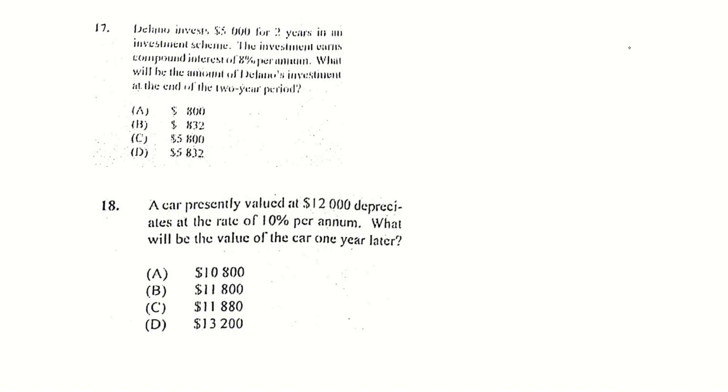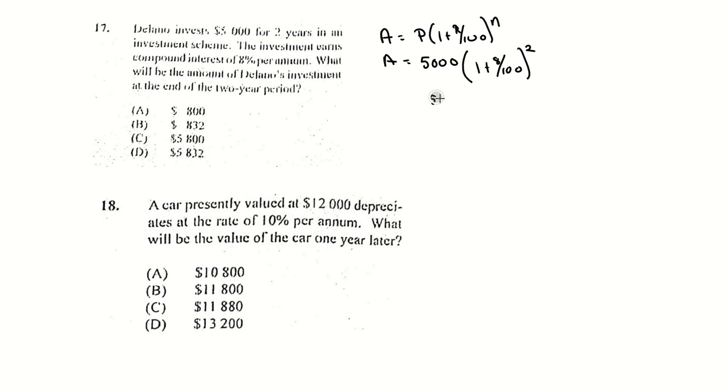You can say your amount is equal to your principal by 1 plus your rate over 100, to the power of n. So your amount is going to be the principal, which is 5,000, by 1 plus 8 over 100, to the power of how many years? 2.